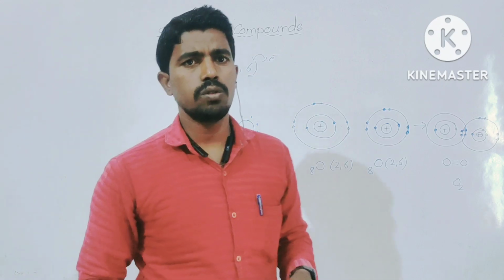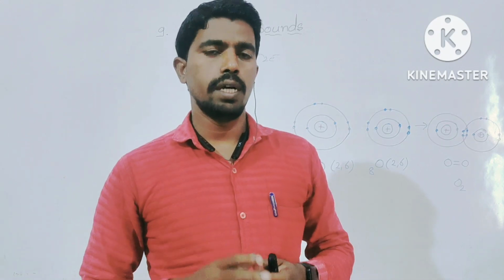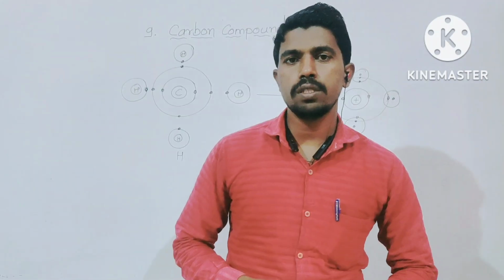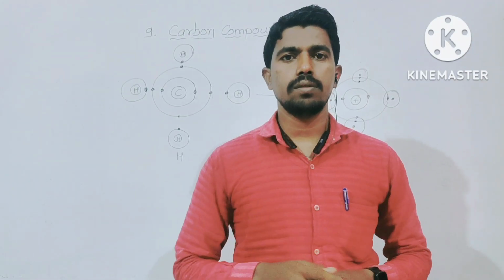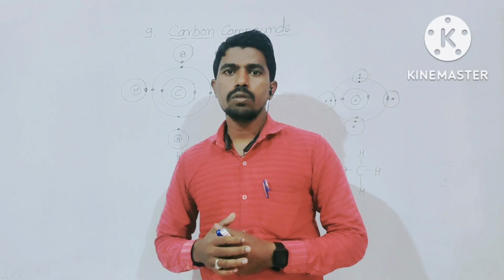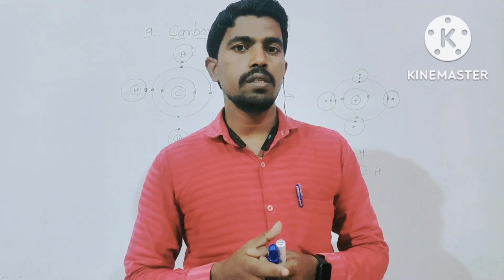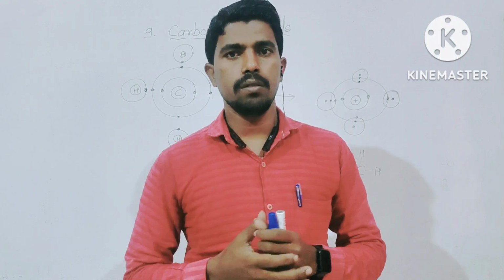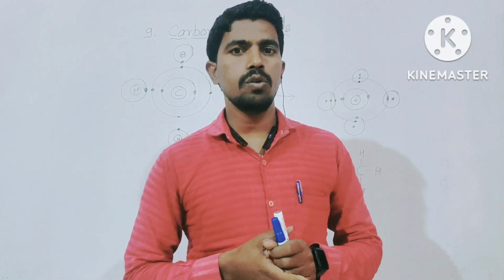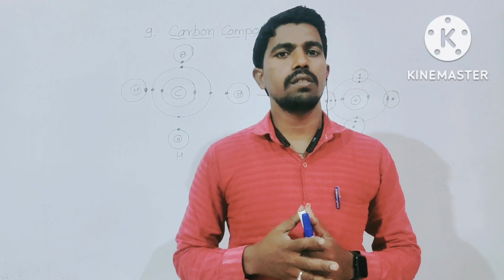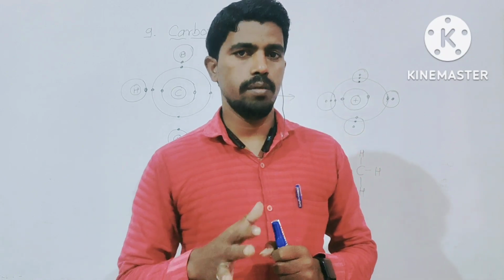So this is about covalent bond and covalent compound. Lastly, we will see hydrocarbons. The carbon compounds contain many elements. The hydrocarbon means the compounds which are formed by carbon and hydrogen, only the 2 elements, called as hydrocarbons.